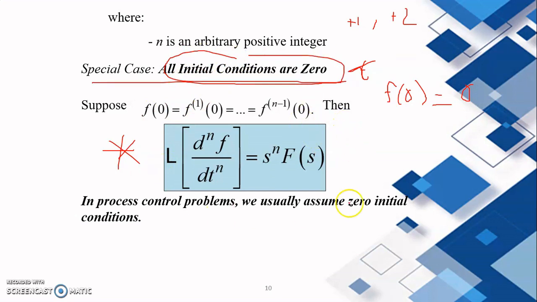In process control problems, we usually assume zero initial conditions. But if the question gives the value, you have to consider it, if f(0) is not equal to 0.